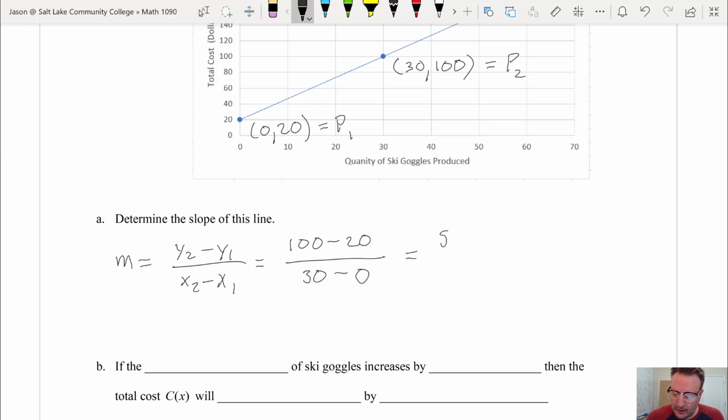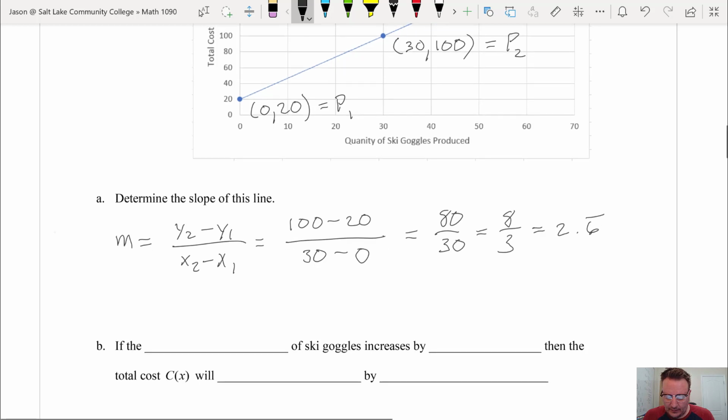So we get 80 over 30, or 8/3. 3 goes into 8 twice with a remainder of 2, so this is 2 2/3, or 2.6 repeating in decimal. Okay, so we have our slope.